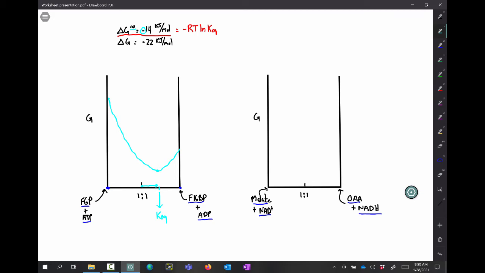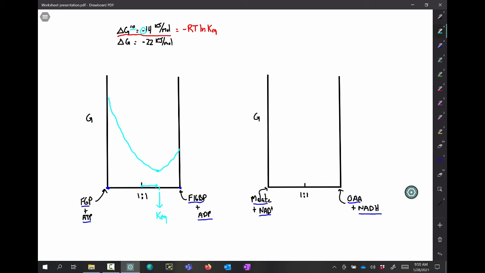So one of the things that we need to think about with the ending point of a chemical reaction being equilibrium, we can also say that that's the point where free energy has been minimized. Now, free energy is the portion of the total energy of the system that can do work. When a reaction reaches equilibrium, it can no longer do work, and we say that its free energy value has been minimized.